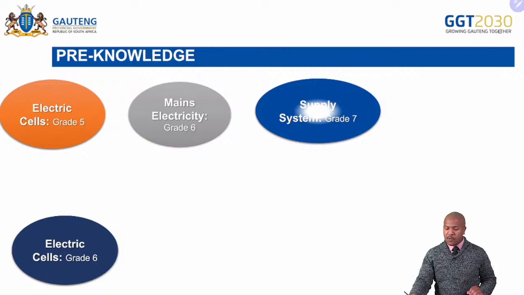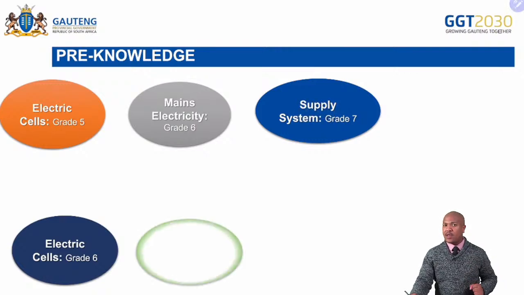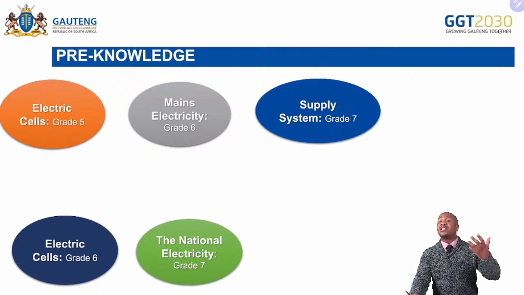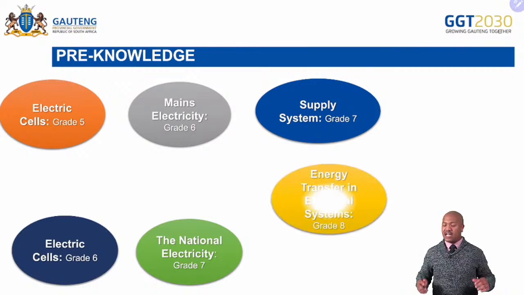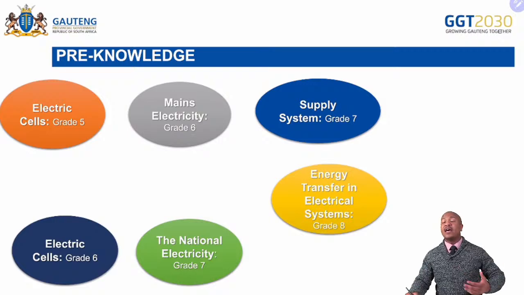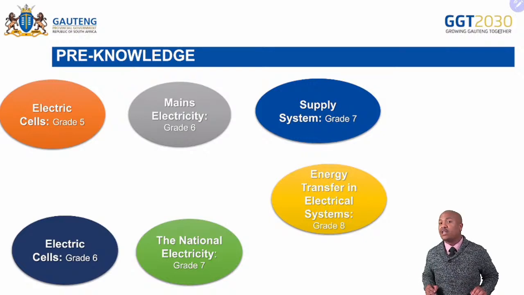Not only that, we talked about now in grade 7, the supply system. Not only the supply system when it comes to electricity, but the national electricity. We have talked about that one as well. Then lastly, in grade 8, we talked about the energy transfer in electrical systems. That's what we have done as foundation to today's lesson, right? And I hope all of this comes up when we proceed with the lesson, right?